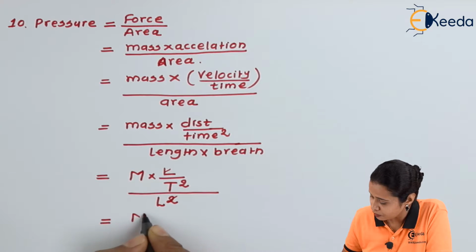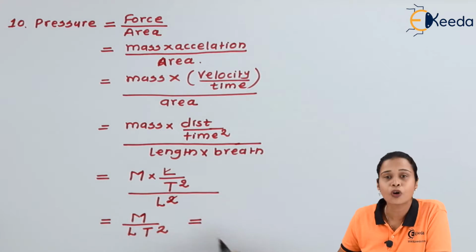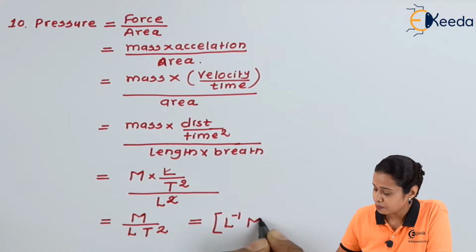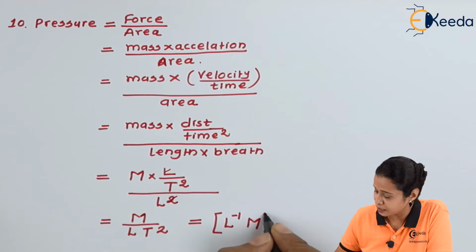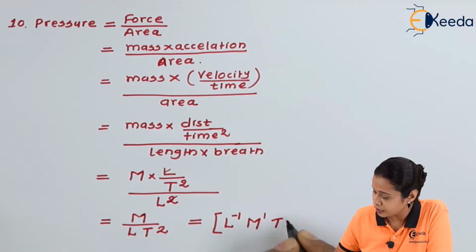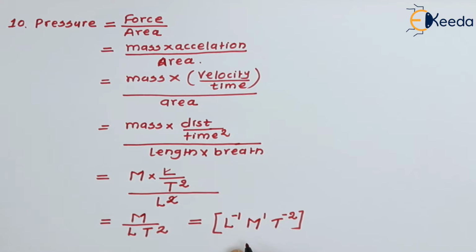So here we have m upon L into T square. So the dimension of pressure is, L is in the denominator, so we'll write L minus 1. Power of m will be 1 here, and T again is in the denominator, so we'll write T raised to minus 2. So this is the dimension of pressure.